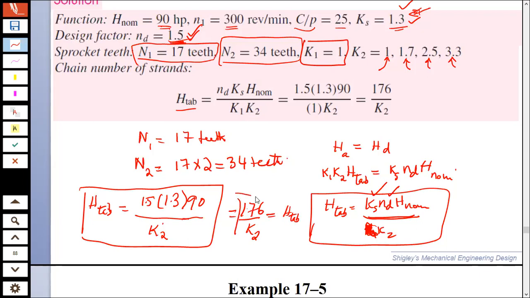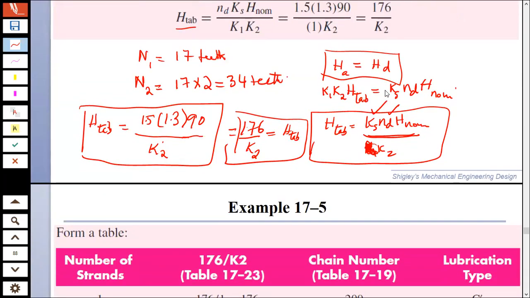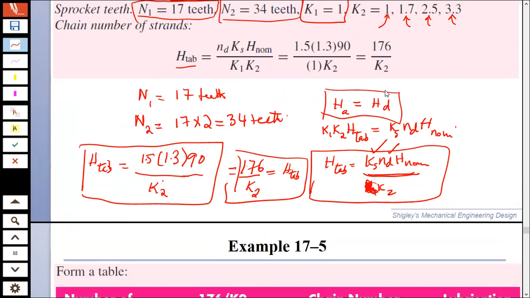So now you have H tab, 176 over K2. The approach that we took here is that we equated these two, and then we came up with this equation where H tab is equal to 176 over K2. Now we are going to explore different options. Otherwise, you can choose a chain and just say I'm going to use this many strands. But with this equation, we can explore different options.